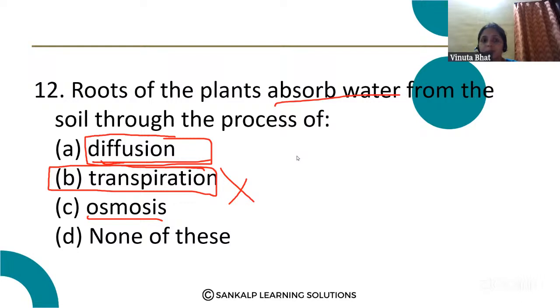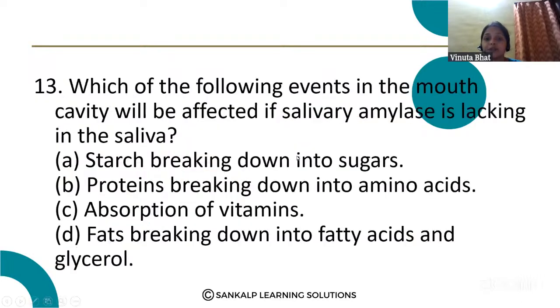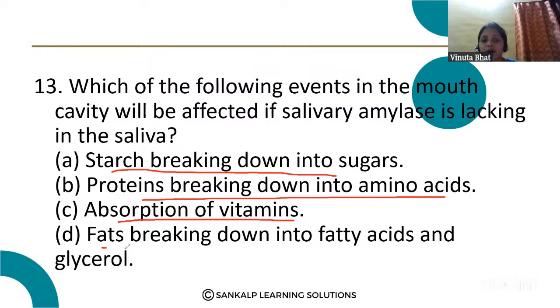Next question. Which of the following events in the mouth cavity will be affected if salivary amylase is lacking in the saliva? Starch breaking down into sugars, proteins breaking down into amino acids, absorption of vitamins, fats breaking down into fatty acids and glycerol.